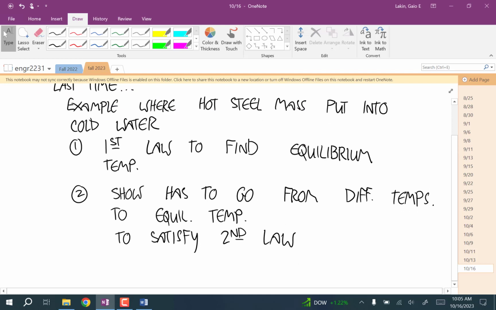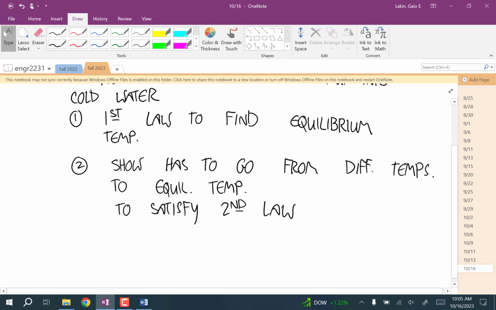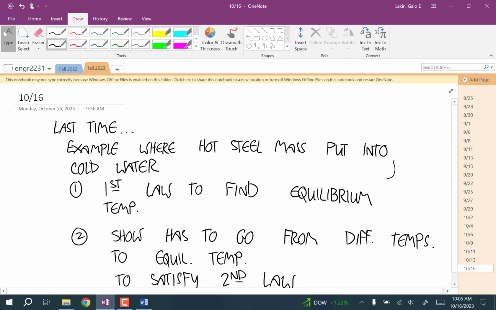We did this assuming that the mass and the water are both incompressible. So for this, we assumed incompressible.